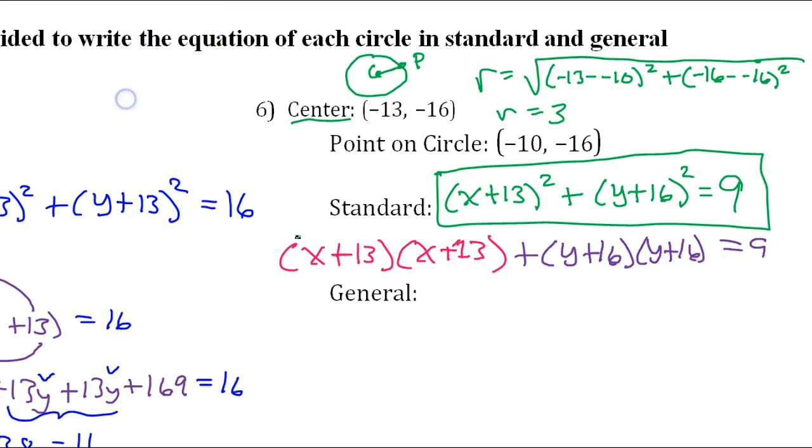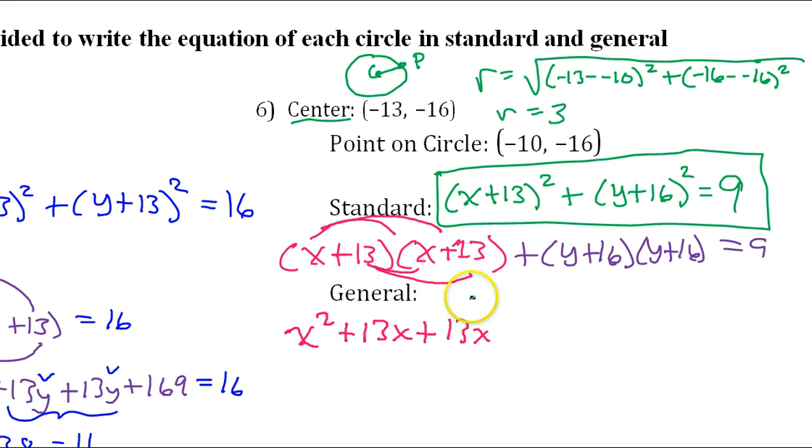Looking at the x part, when I do my double distributive property thing, that's going to give me x squared plus 13x plus 13x plus 169. 13 times 13.